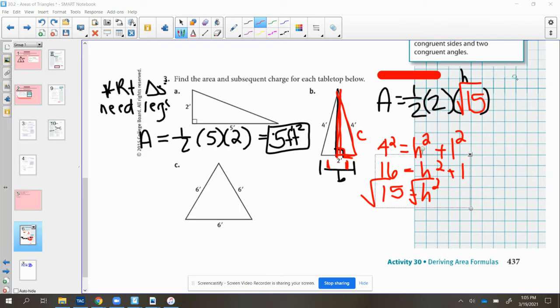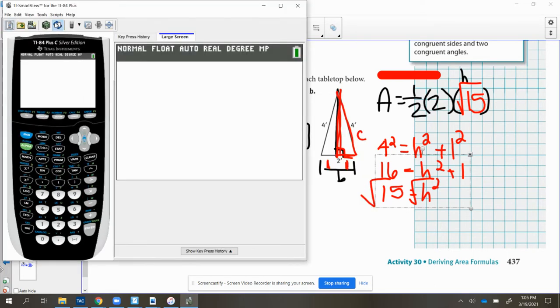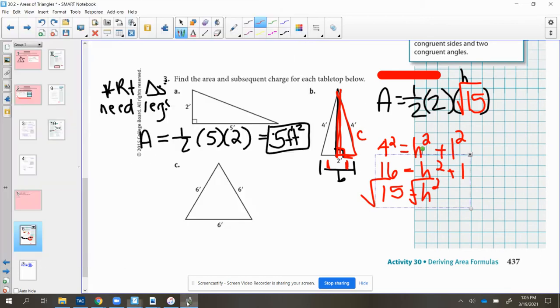You could put the decimal approximation, but I'm just going to write the square root of 15. And then to get that final area, when we type this in, 1/2 or 0.5 times 2 times the square root of 15 gives us a total area of approximately 3.9 square feet.